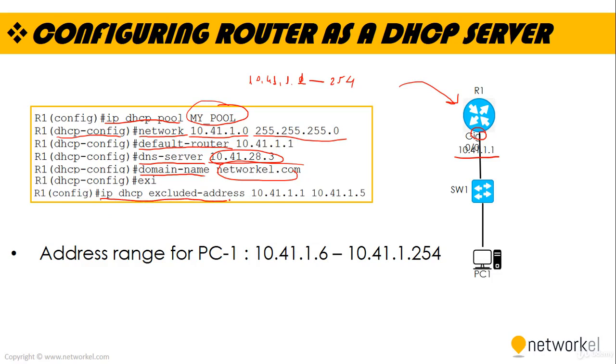What I'm doing here also, as you can see in the last command, is defining something more: ip dhcp excluded-address, which means I'm excluding this range. I won't use this range. So the address range for PC1 will be starting from 1 to 6, because 1 is our default gateway and won't be used, and I've also excluded this range, which includes my default gateway too.